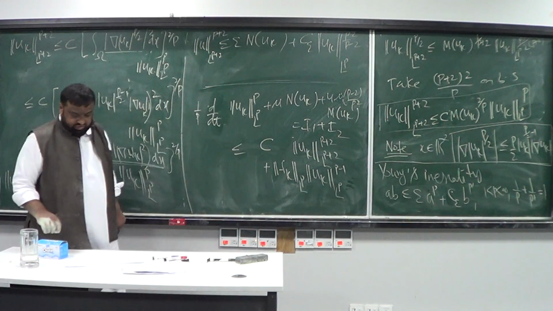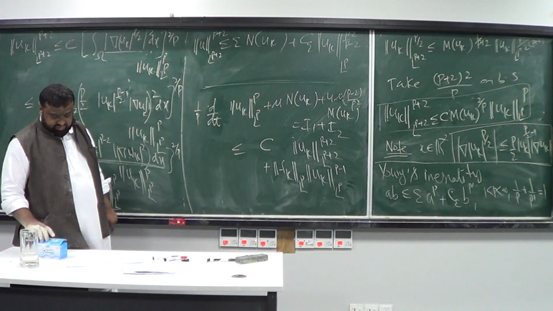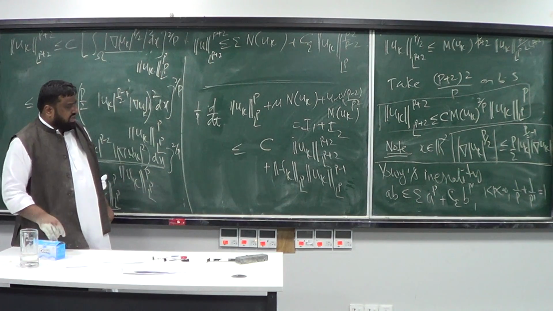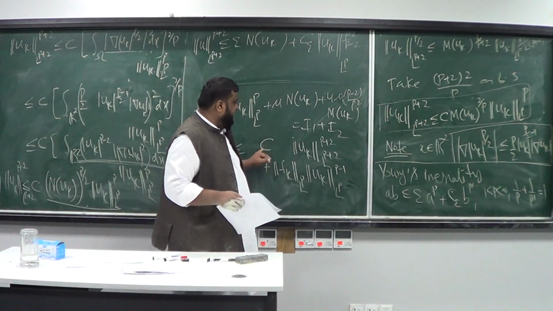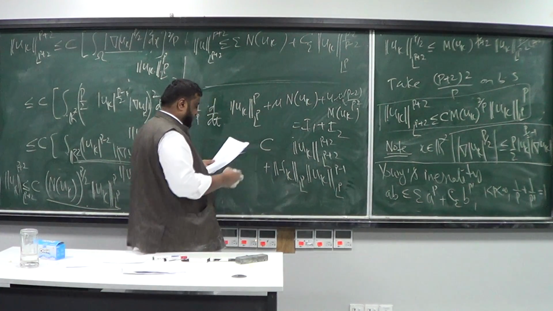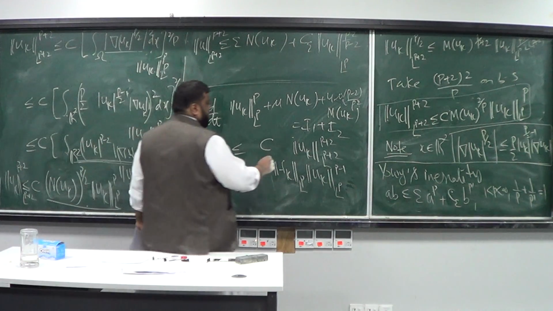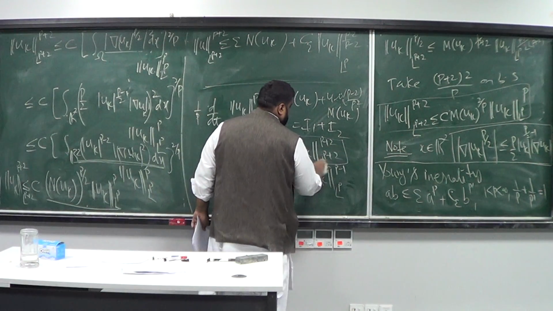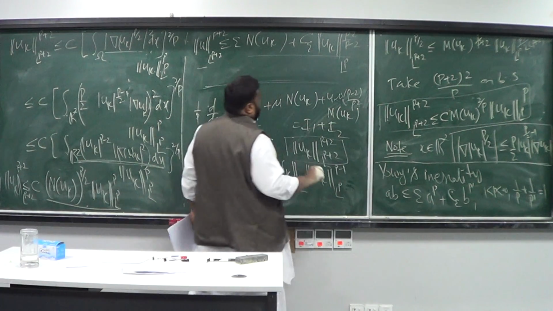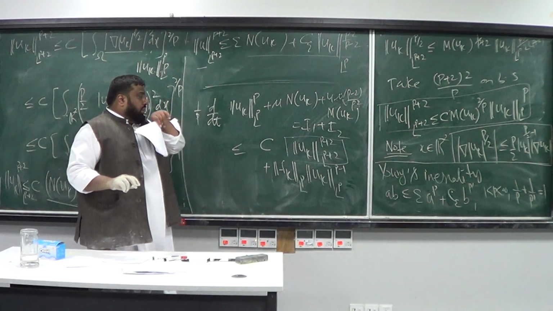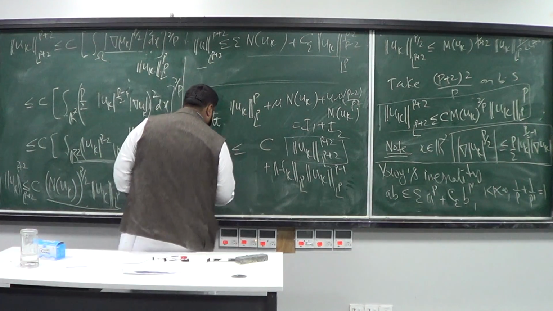Okay, this is what you're going to get actually. So everything is the same, I estimated I1 and I2, and I got this actually. Now for this L^(p+2) norm of u_k to the p plus 2, we have proved this estimate actually. So let's substitute it.